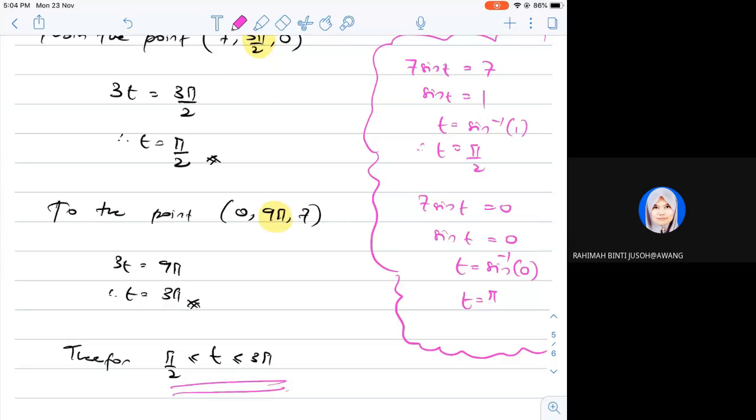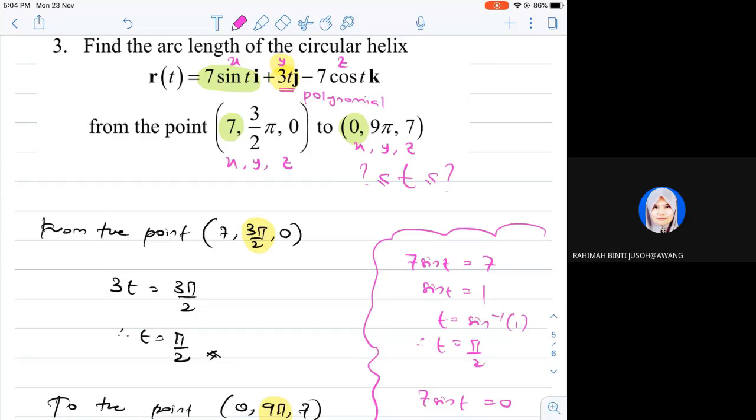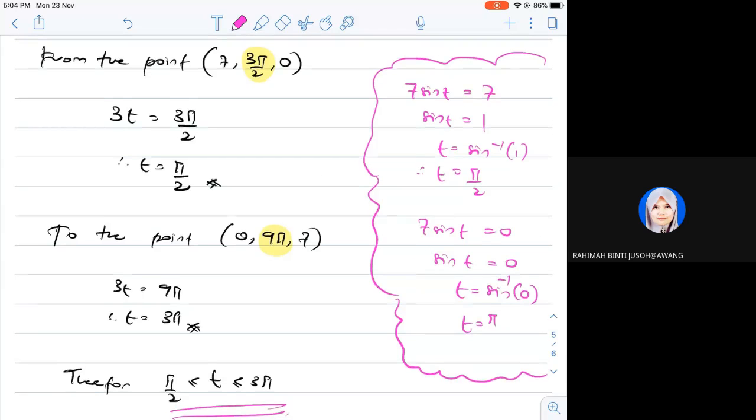Because 3t equals 9 pi here. If it were 3 pi here, then the answer would be pi. So you have to be careful if you use the x component.